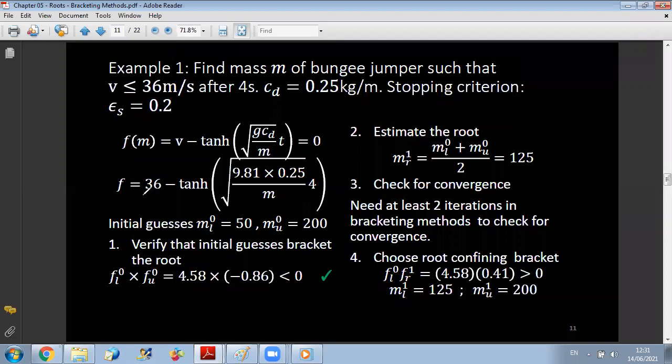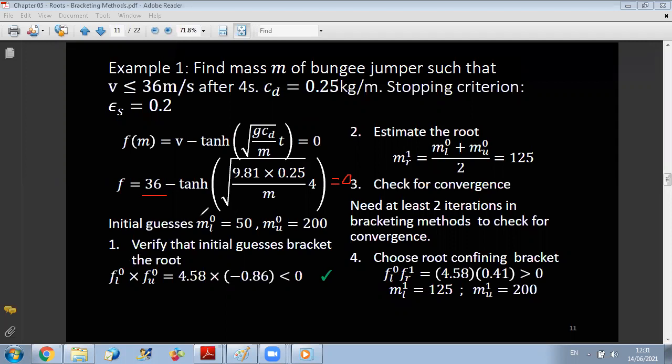So we get that 36 minus this function should be equal to 0. Okay? Now, we have considered the graph and we said that approximately the solution is about 420. Let us see how the bisection method can give us an accurate result.